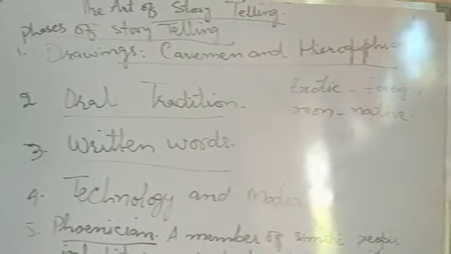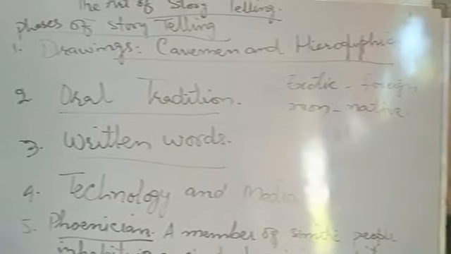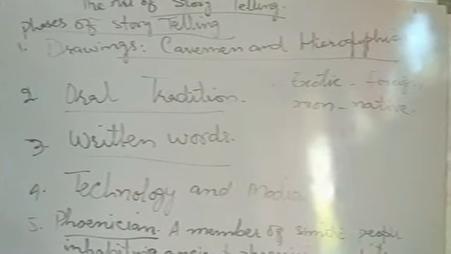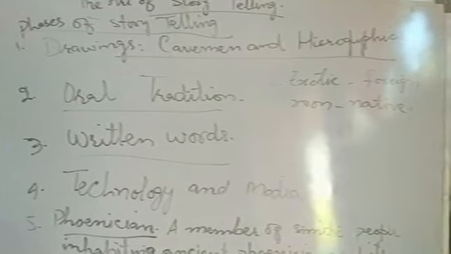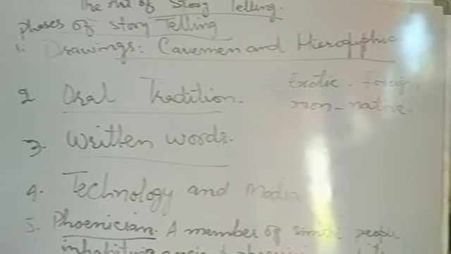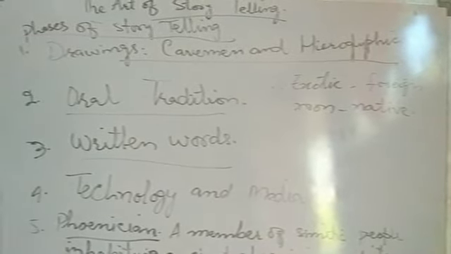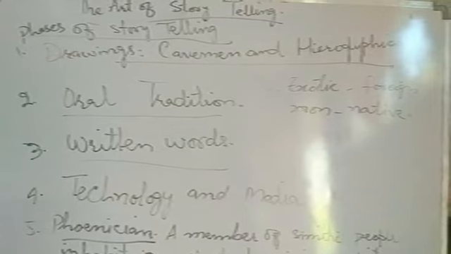In our childhood, we used to imagine these things. Now we practically look at what happens and what a character does in the story. We can have a physical image of that very thing. Now, this was the conclusion of the art of storytelling.